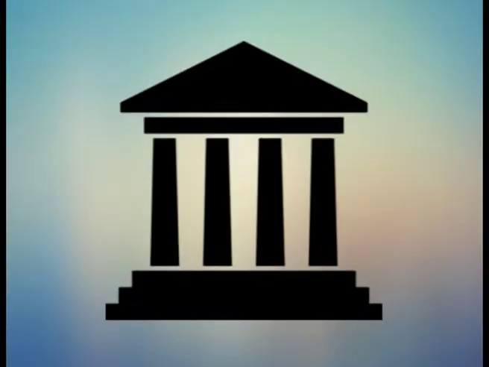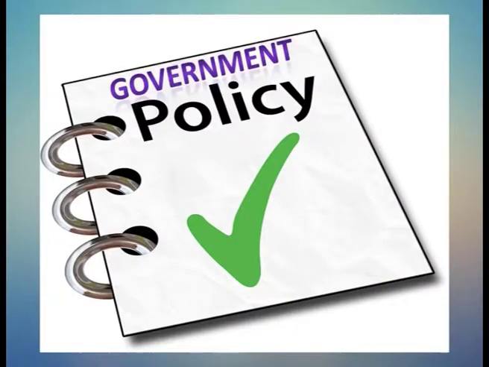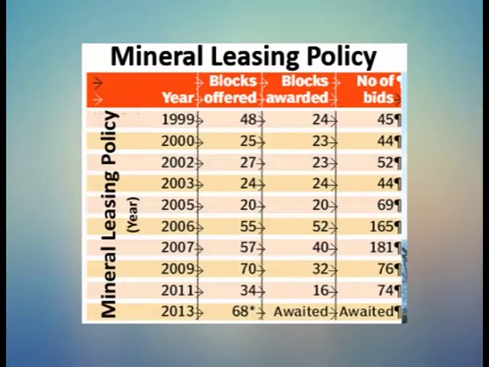Role of the government. In most countries, government has a constitutionally vested ownership responsibility for mineral resources. This responsibility is reflected by its mineral leasing policy, one aspect of which is the collection of royalties and mining taxes.